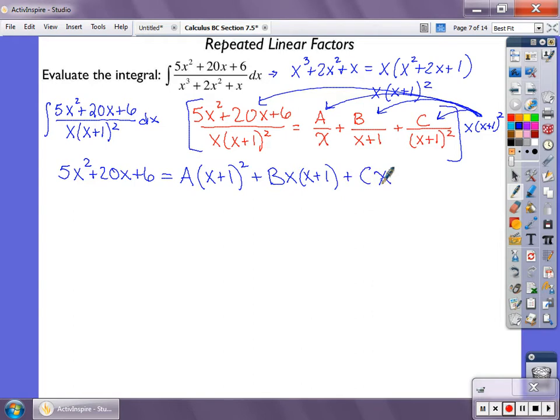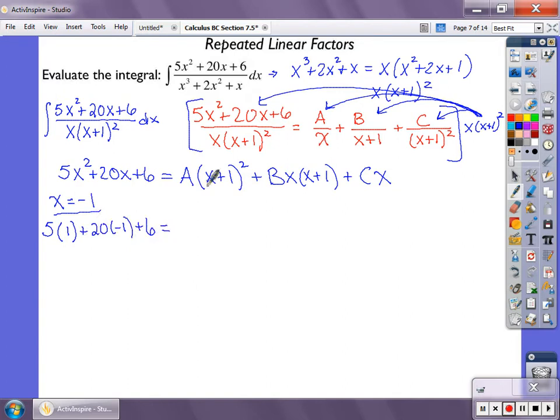Now it's time to pick convenient values for x. First one I see is going to be -1. Now when you do this, you also have to substitute over here because it's any place you see an x. And so we'll have 5 times -1 squared, which is just 5 times 1, plus 20 times -1, plus 6 equals.